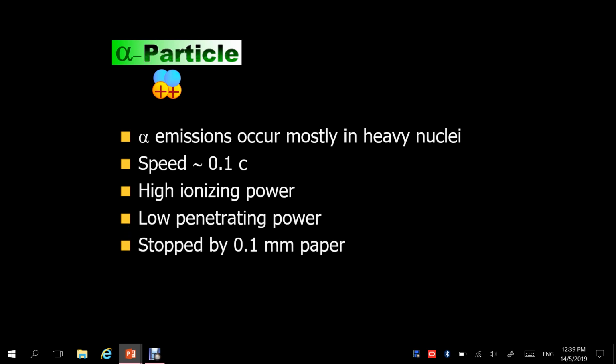It can be stopped by 0.1 mm thick of paper. So if you have an alpha particle source, all you need to do is use a tong to handle it because the range in air is only 2 cm. So if it's 2 cm away from you, technically the radiation can't cause much injury.